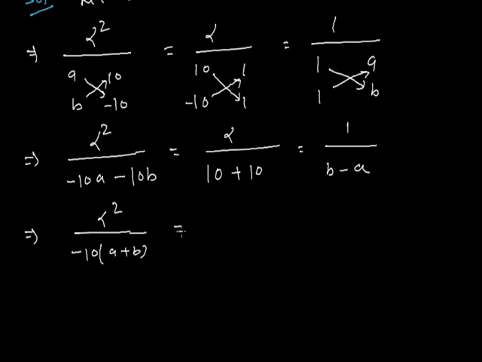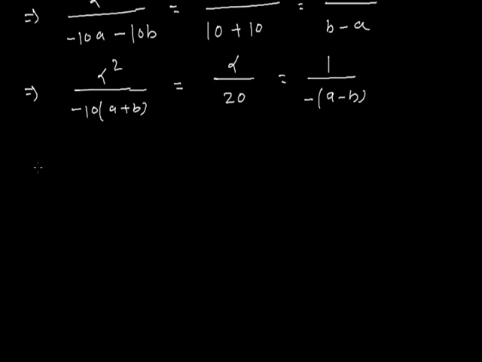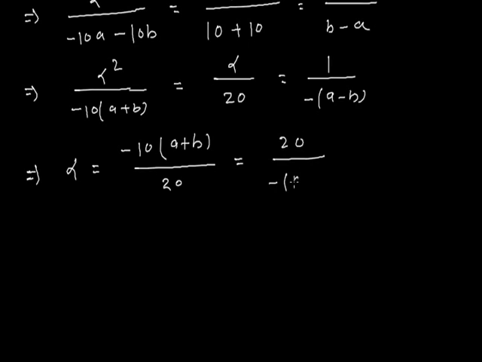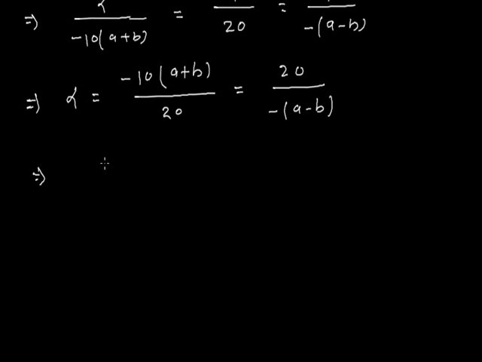We can further solve it, and here we can find the value of alpha, we get minus of a plus b equal to 40 upon minus of a minus b.